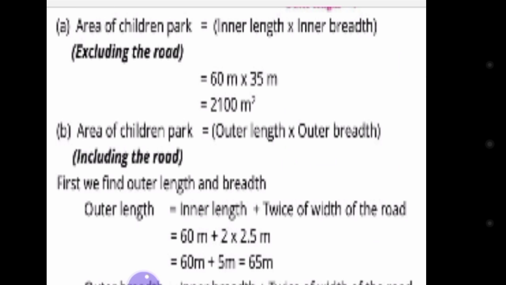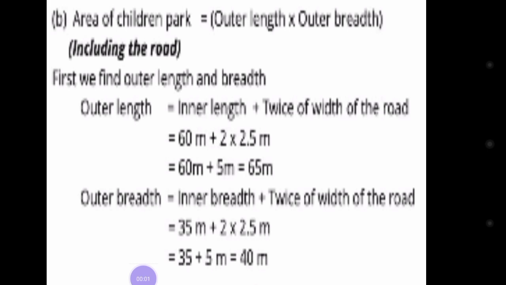The road is 2.5 meter. When we multiply 2 times, we get 5 meter. When we add 5 meter to 60 meter, we get 65 meter. That is the outer length of the large rectangle.